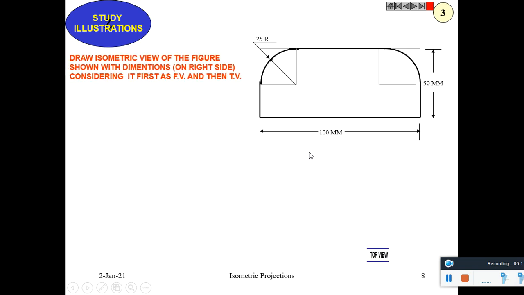Another example. To draw this in isometric scale, first of all it is divided into two. It is separated. I now consider this as a square and next as a square, and it can be drawn.